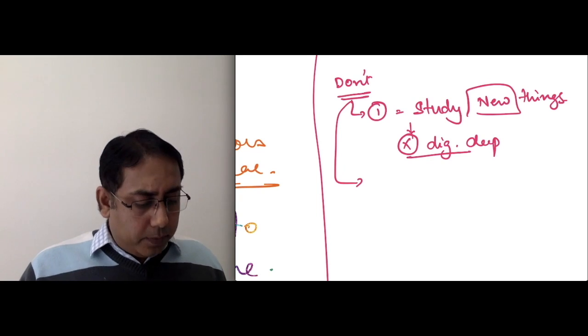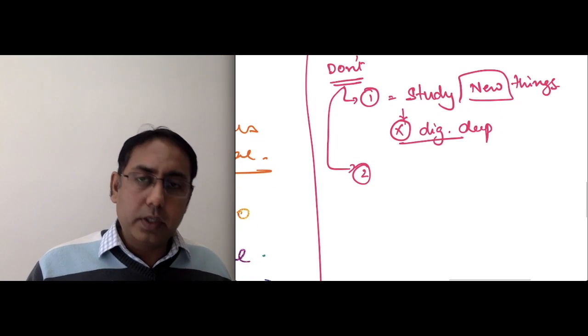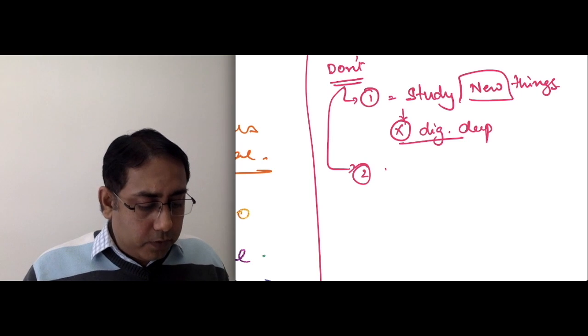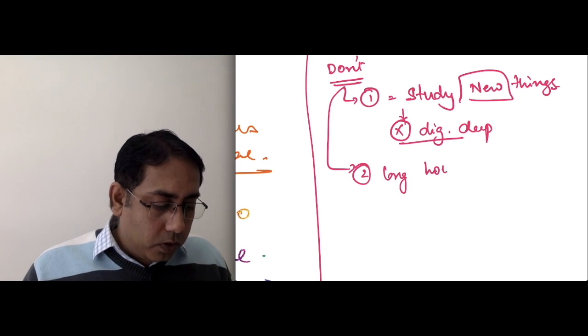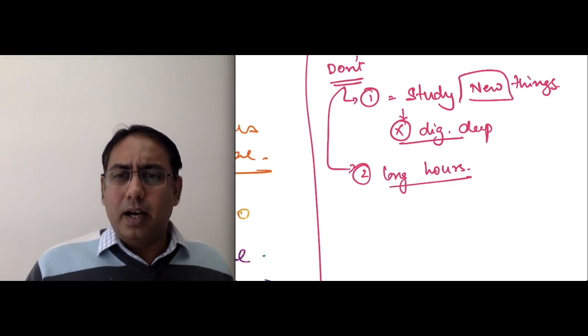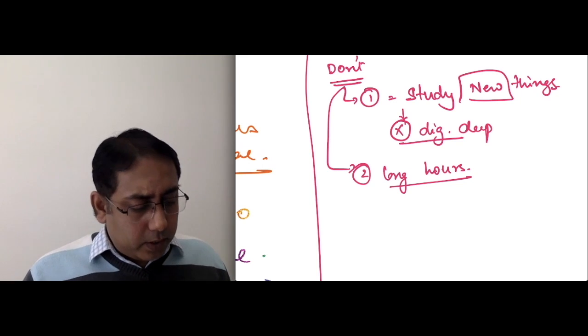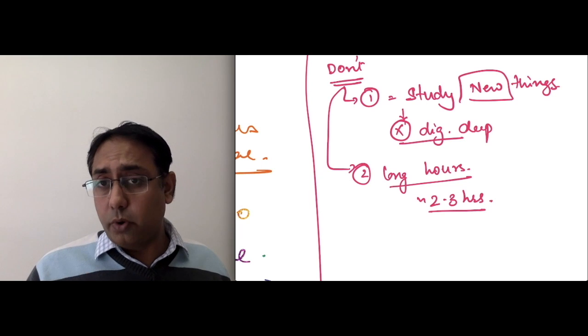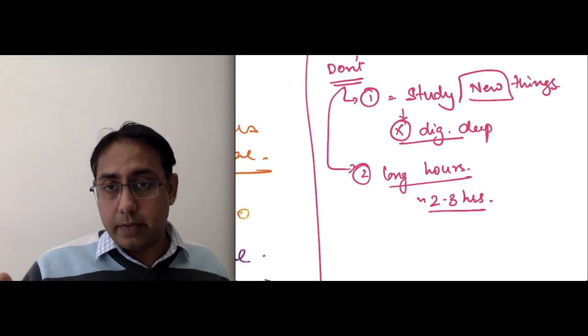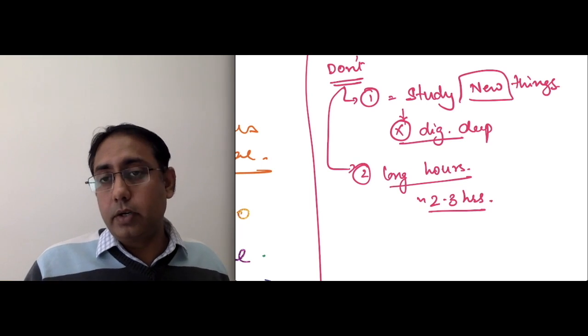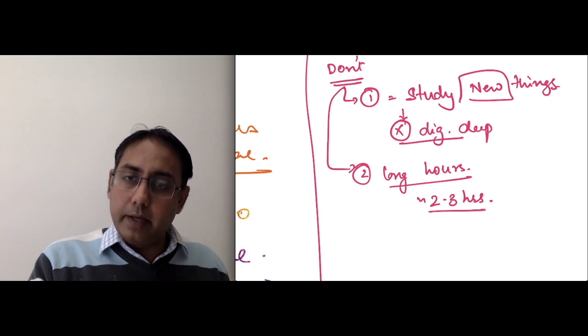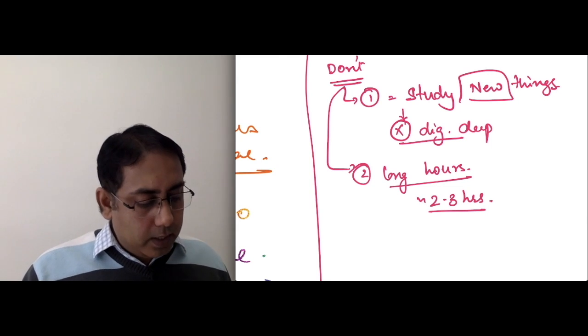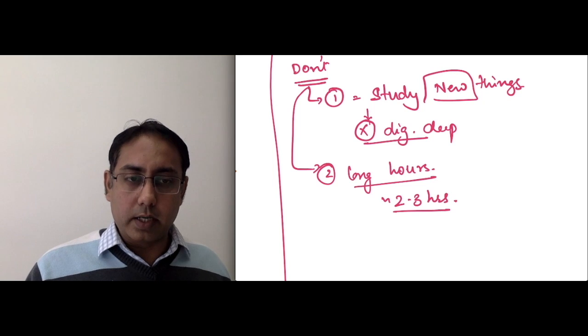Second, I would also like to share with you that some students do not take breaks and they have long hours of study. I personally say that roughly 2 to 3 hours of study is reasonably okay, although it's on a higher side. It is reasonably okay to sit down for 2 to 3 hours, take a break, and again sit down for 2 to 3 hours. So do not study for long hours.